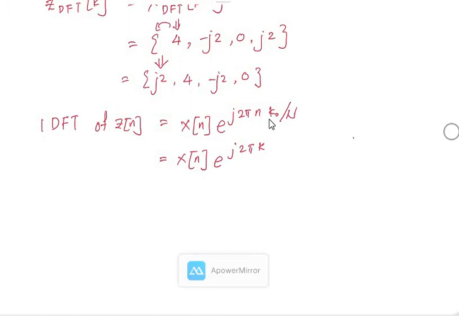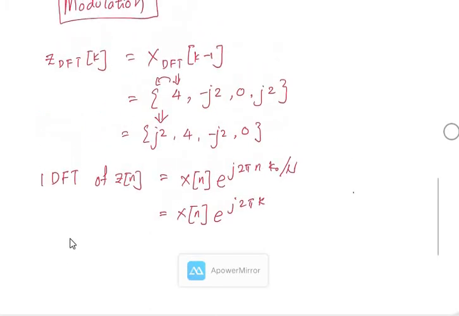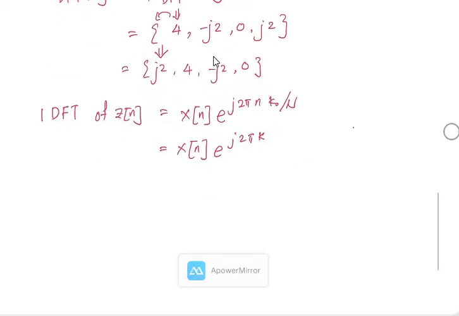The k naught refers to the question X DFT[k minus k naught]. From the question there is k minus 1, so k naught is equal to 1. K naught is 1, N is 4.